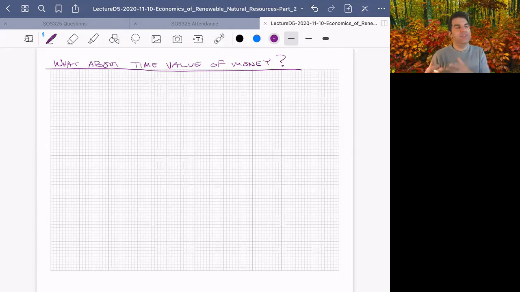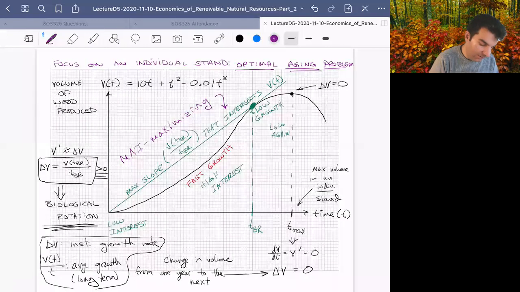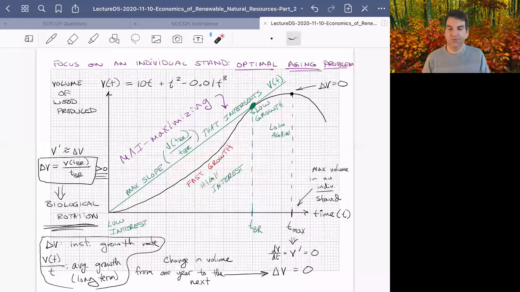Because if I go back to thinking about this plot here, it's true that this is like an interest rate. If growth from a tree is like an interest rate, then I really need to be comparing it to the interest rate that I'm getting from a bank.